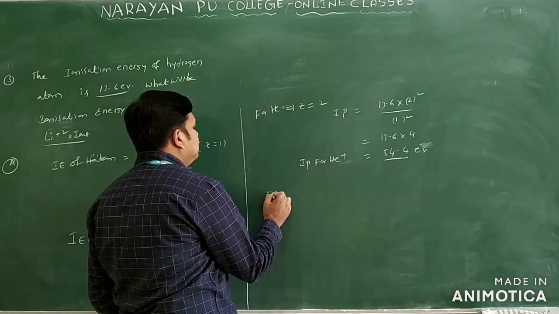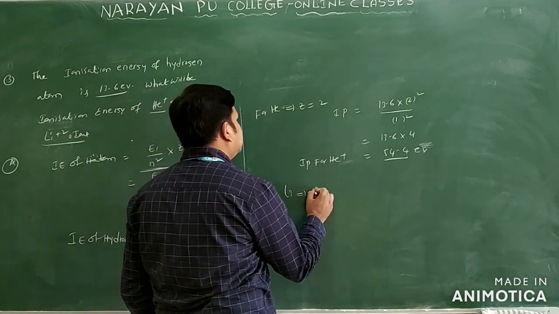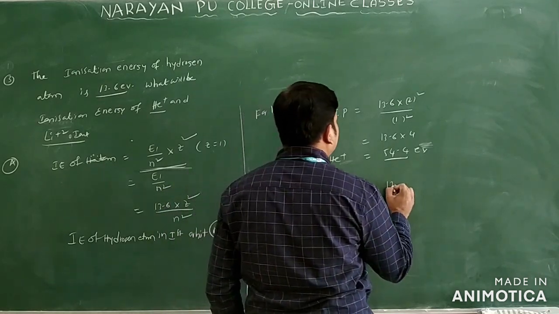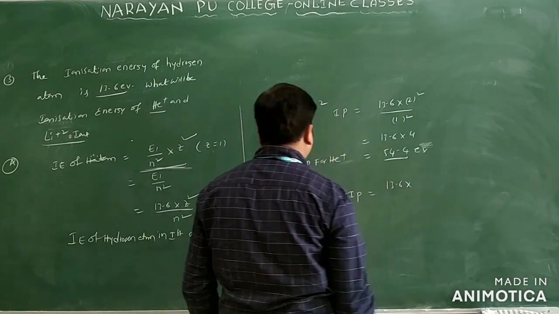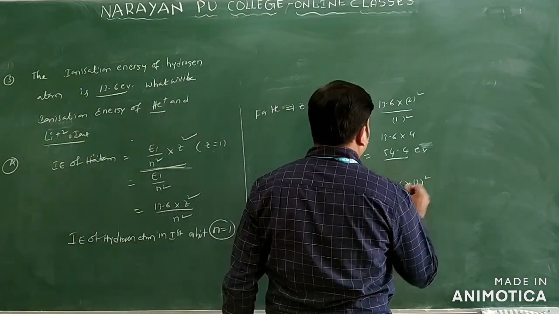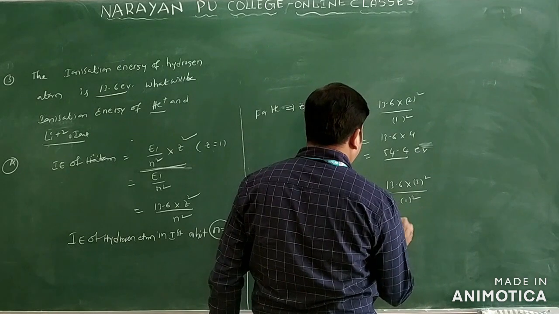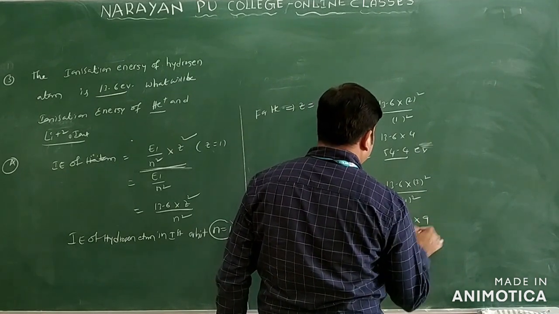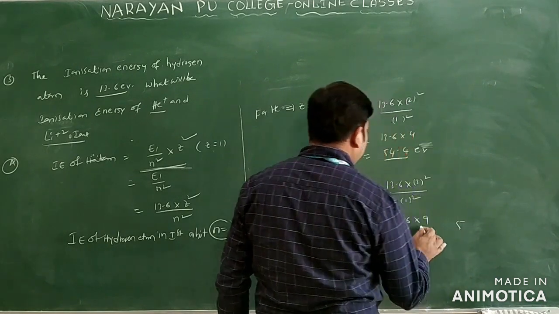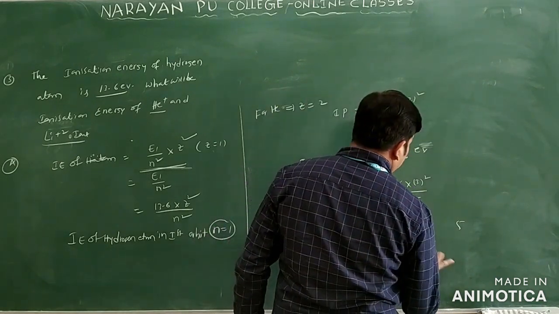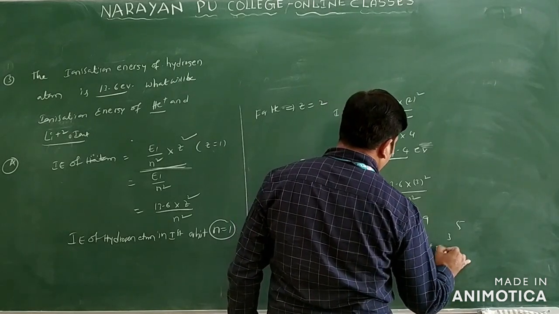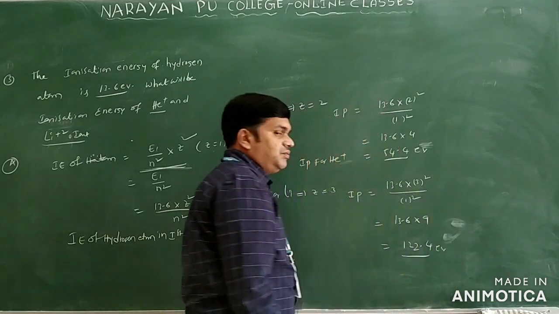Now for lithium atom, Z is equal to 3, ionization potential is equal to 13.6 into 3 square by 1 square. 13.6 into 9, and you will get 122.4 electron volts.